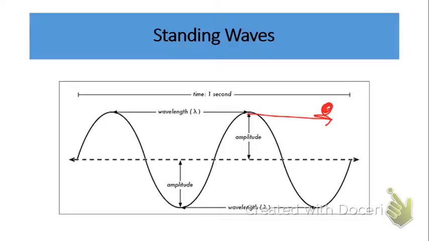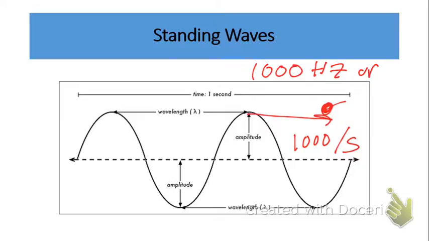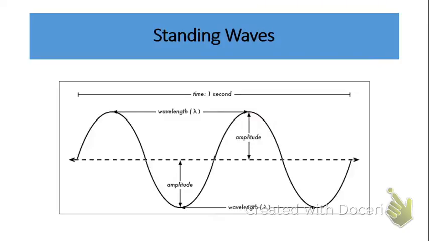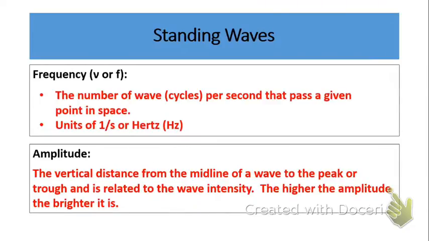So let's say that after we've counted 1 second, there's 1,000 crests that pass this point in 1 second. And so therefore we call that 1,000 hertz, or 1,000 cycles per second. Okay? And it's just simply the number of crests that pass that given point in a second. Right? Hopefully that makes sense. Frequency is sometimes hard for students to understand for the first time.